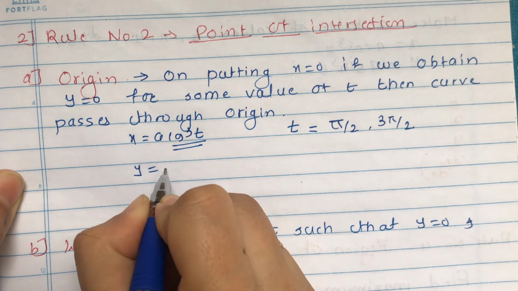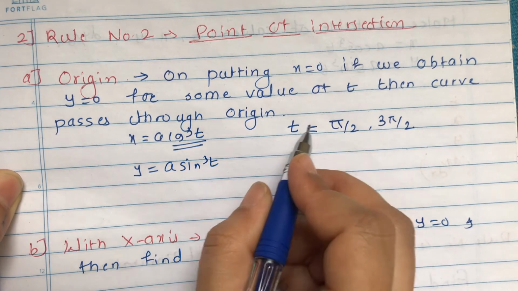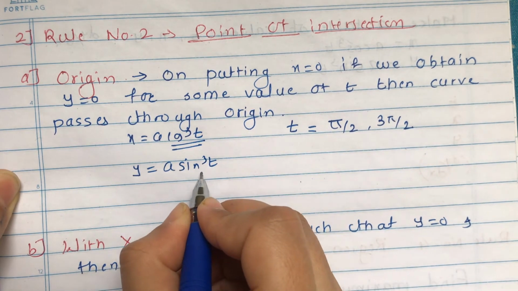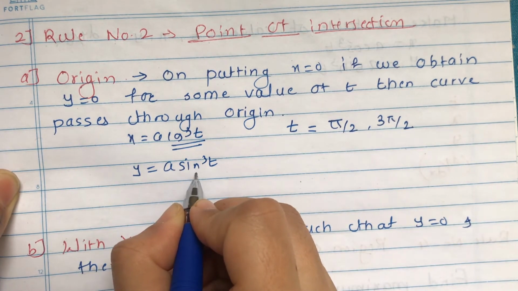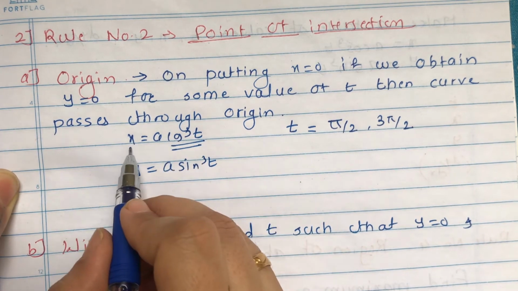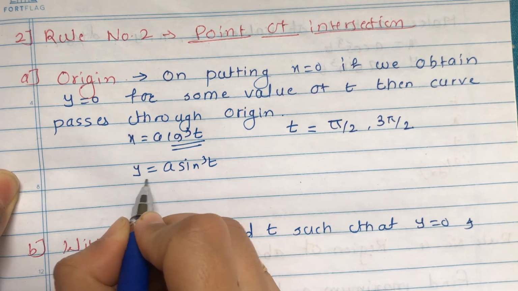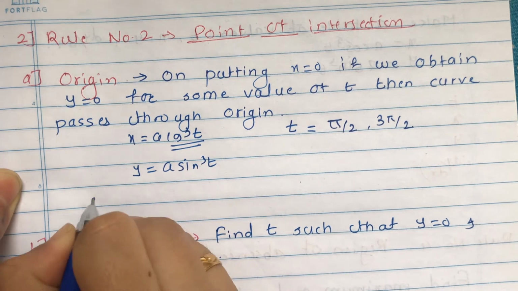So y is equal to a sine cube t, and sine pi by 2 is 1, right? And sine 3 pi by 2 is minus 1. So when x is equal to 0, for the same t we are not getting y is equal to 0. So the curve does not pass through origin.